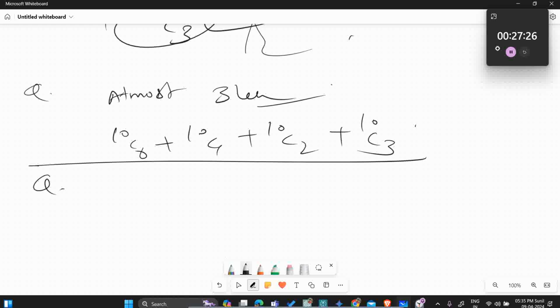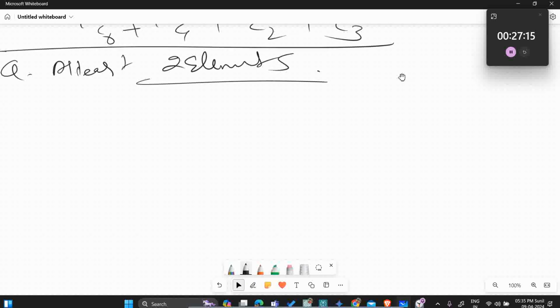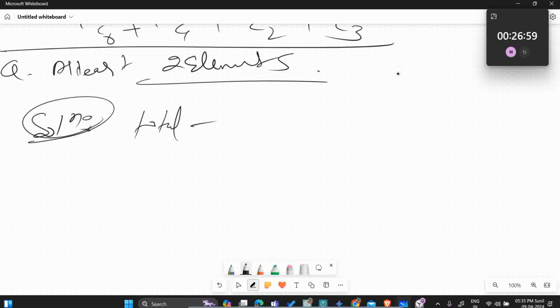Our next modification in the question is at least 2 elements. Alright. The solution for it: at least 2 elements means what? Total minus exactly 0 and minus exactly 1.